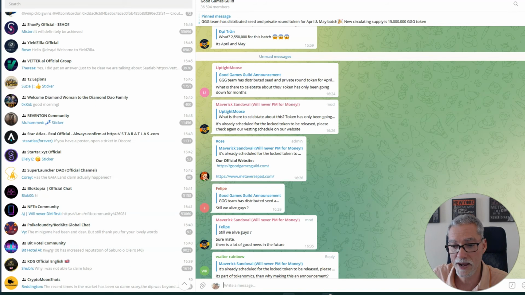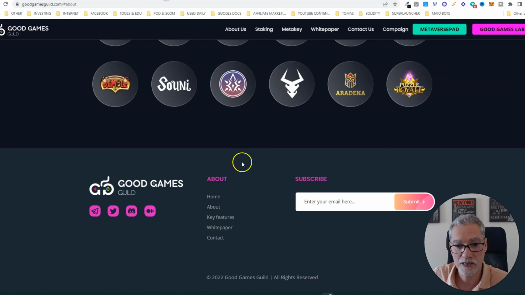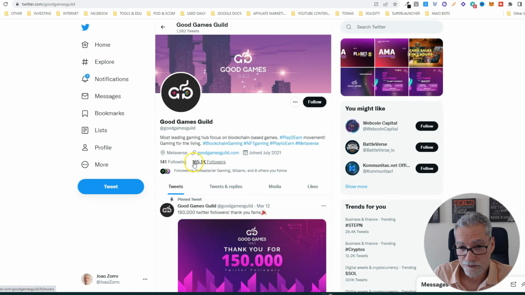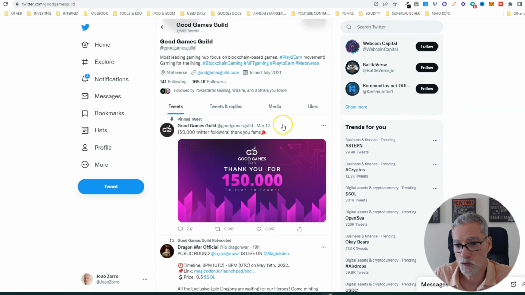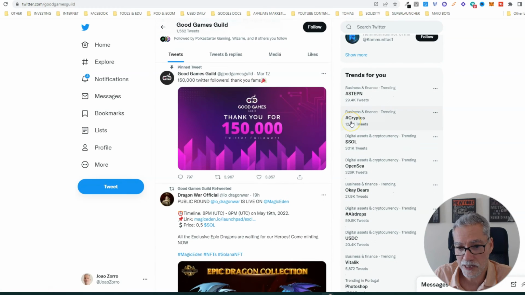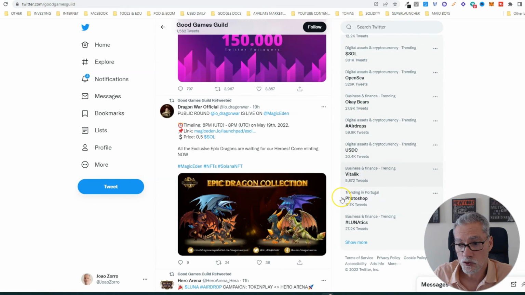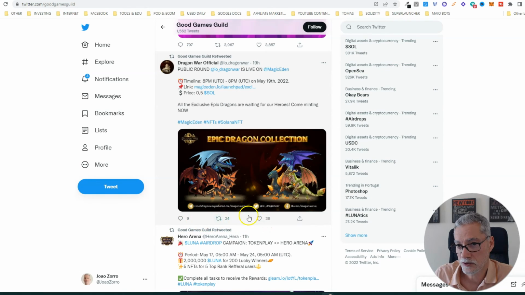So if we go back once again to Good Games Guild, you can do exactly the same with Twitter. As you can see here, they have more than 165,000 followers. What you want to see is how frequently they are posting tweets. You also want to see more tweets than retweets, and you need to see engagement. So you need to see a lot of likes, a lot of retweets, and a lot of comments.